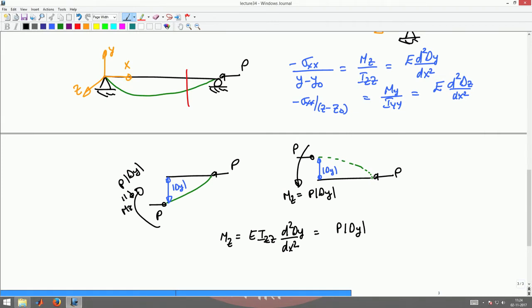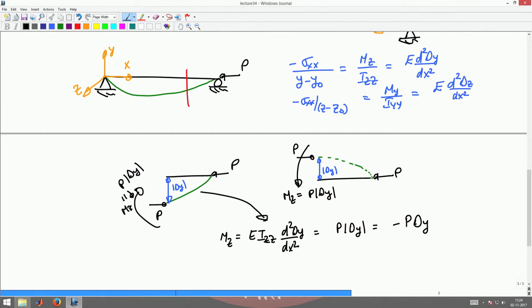If I were to resolve the absolute sign, I am writing this for this case where delta y is negative. I want the absolute value of delta y, so I have to replace this with minus delta y, so that when delta y is negative, this equation gives a positive value.